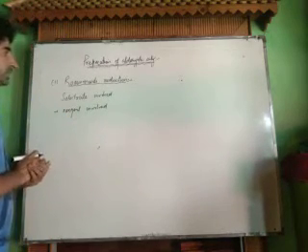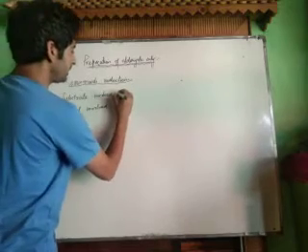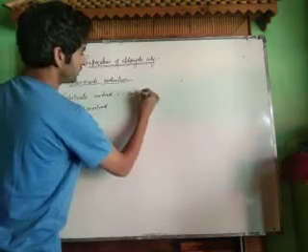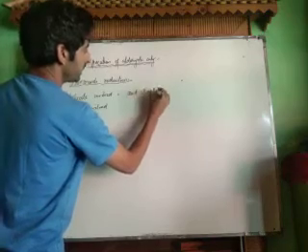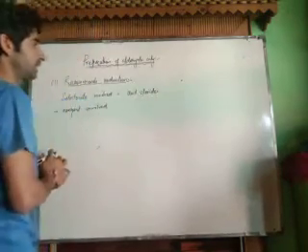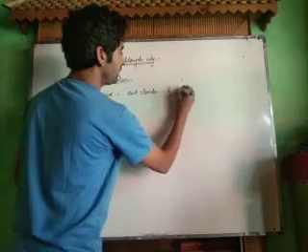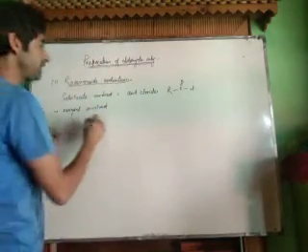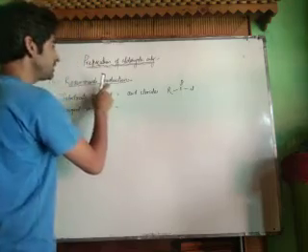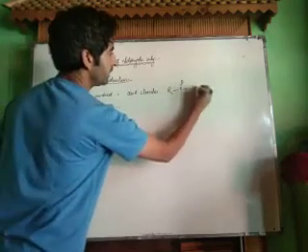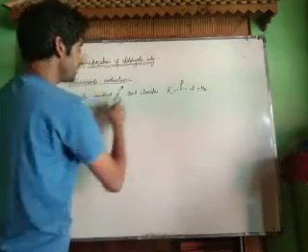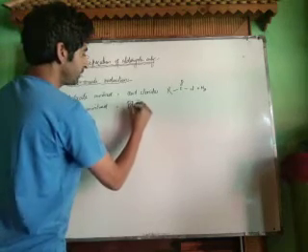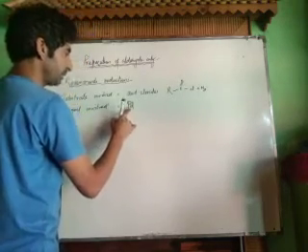In this case, Rosenmund reduction, what is the substrate? They are acyl halides, for example, acid chlorides, for example, RC double bond OCl. This is the substrate. And the reagent involved in this case, since it's a reduction, we treat this with hydrogen in the presence of a catalyst, palladium.